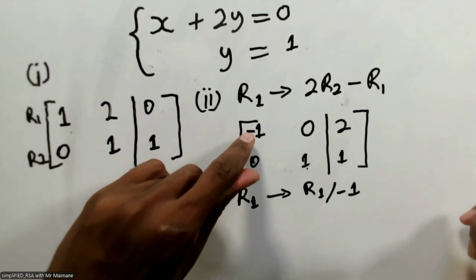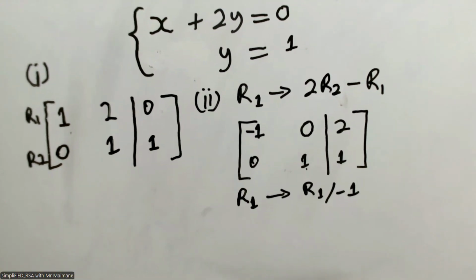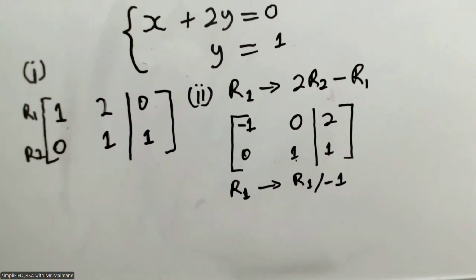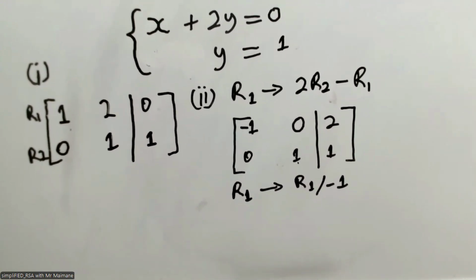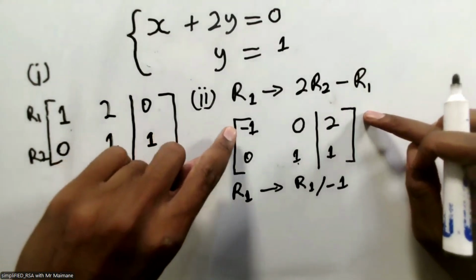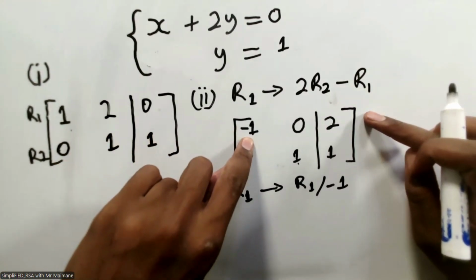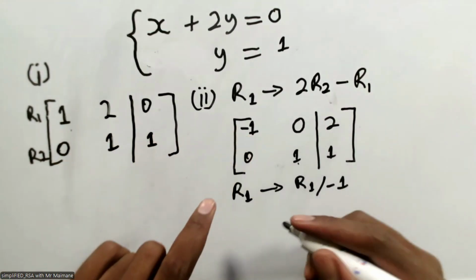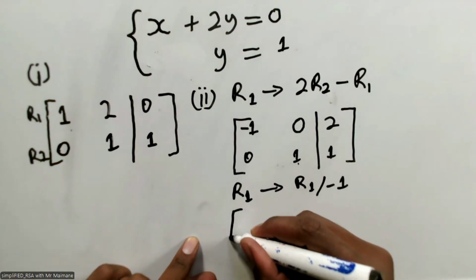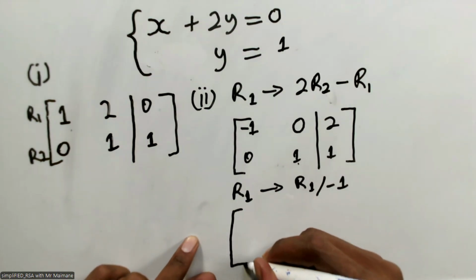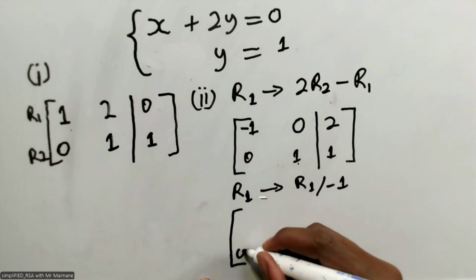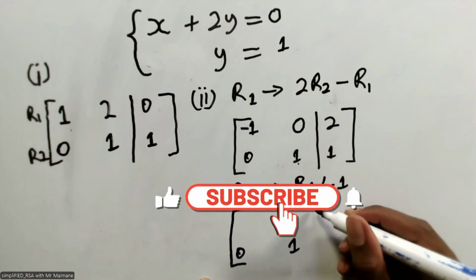I just want to make this a positive. I hope everyone is still with me on this one. So I'm manipulating row 1 such that I don't want to have a negative 1 here. I want to have a positive 1. So let me write row 2 as it is because I'm happy with it the way it is.